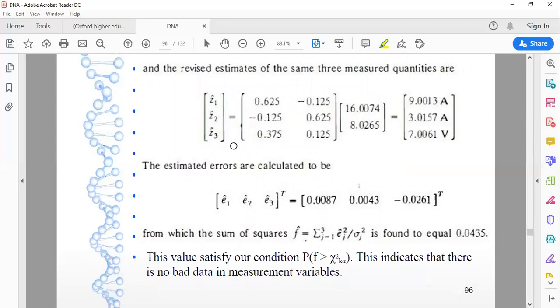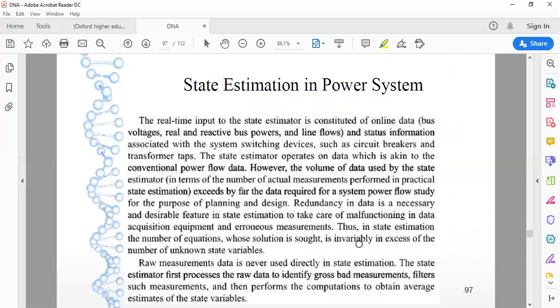These three values give us the estimated value or calculated value or true value, and these are the values for error. If we calculate this, we will come to know that the measurement variable now equals 0.0435. This will satisfy our condition, and this indicates that there is no bad data.